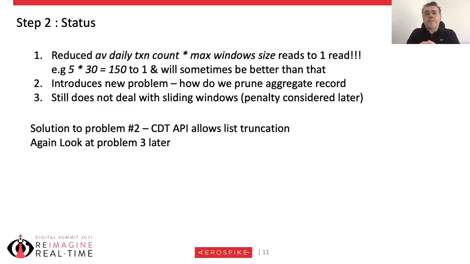So numerically, just rolling with the numbers we've used so far, the naive solution would have involved doing 150 lookups to calculate the average over a 30-day period. I'm now in a position where I can pull back all that information in just a single read, right?